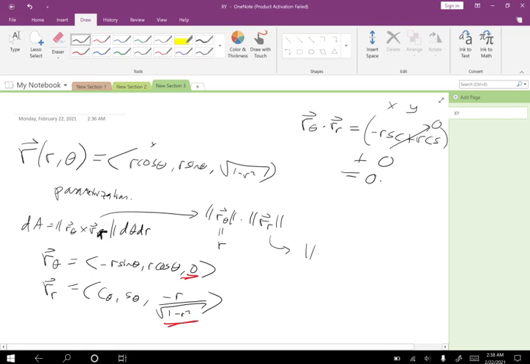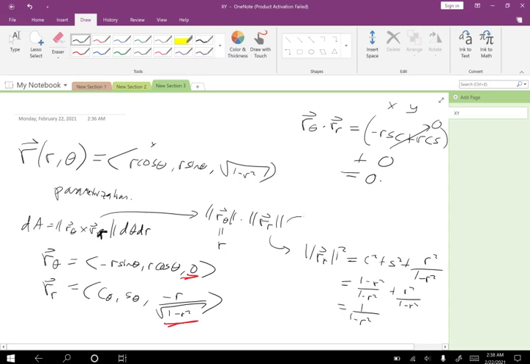So the lengths of these vectors will be just r, and let me just do this one separately. The length of this thing squared will be cosine squared plus sine squared plus r squared divided by 1 minus r squared. So this is 1. So if I put a denominator, I'll have 1 minus r squared here plus r squared here. So this should just be 1 divided by this.